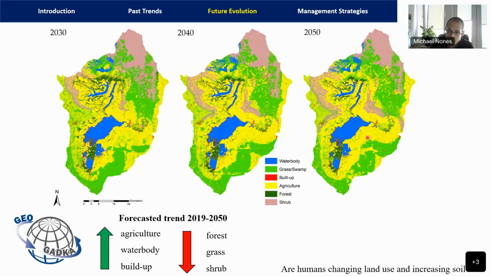And this means that we also have a net decrease of areas covered by natural forests. Therefore, a decrease in environmental values in ecosystem services, and also a decrease in areas covered by vegetation. So we might expect also an increase in soil loss.